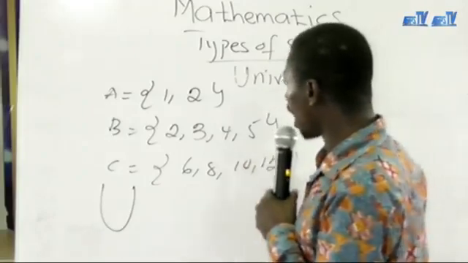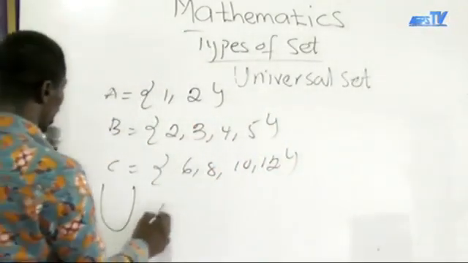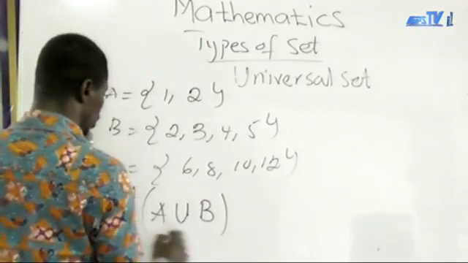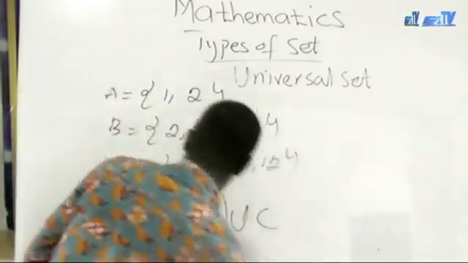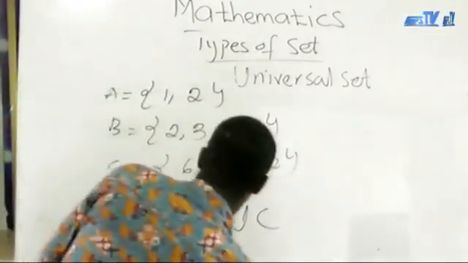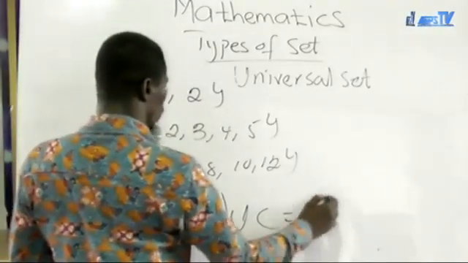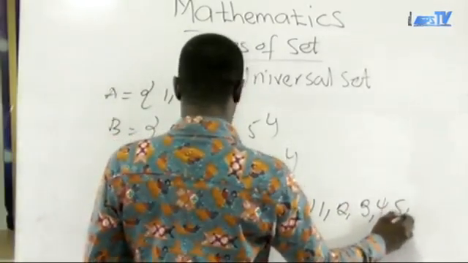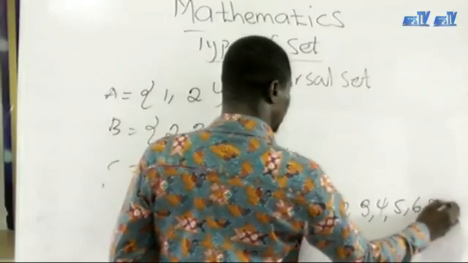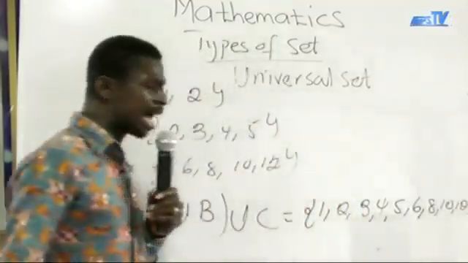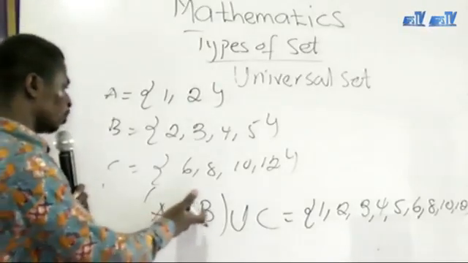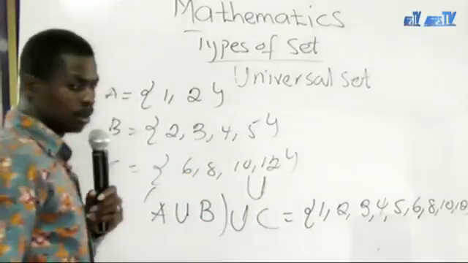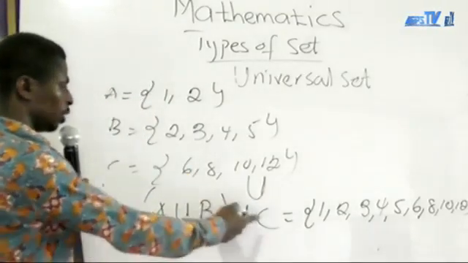So if I decide to have A union B and then union C, and I want to put these sets together, I am going to have 1, 2, 3, 4, 5, 6, 8, 10, and then 12. So these are A union B union C. In other words, we can simply call the universal set U for A union B union C.